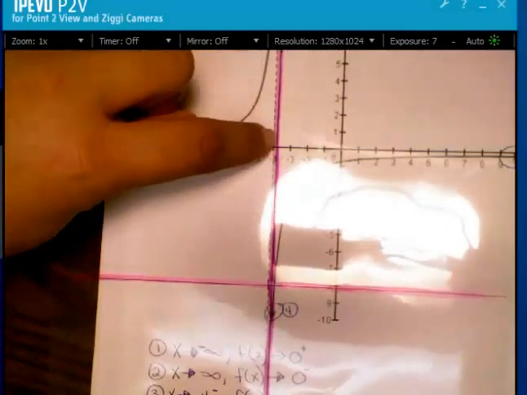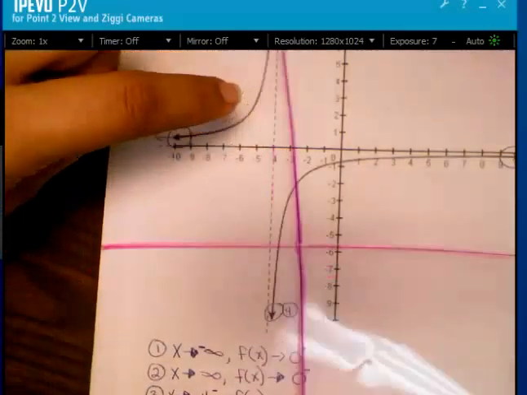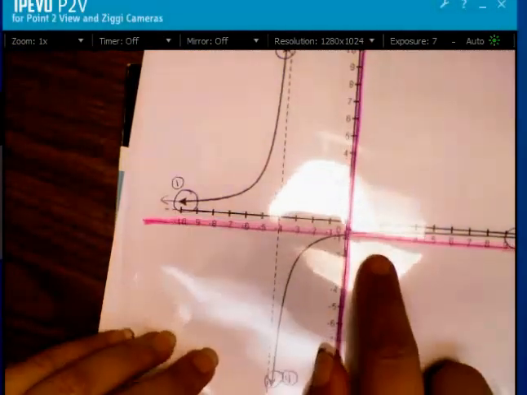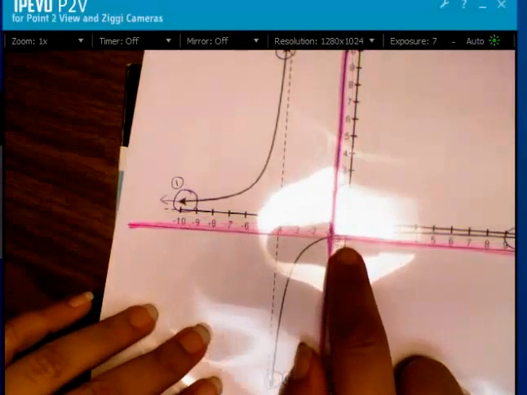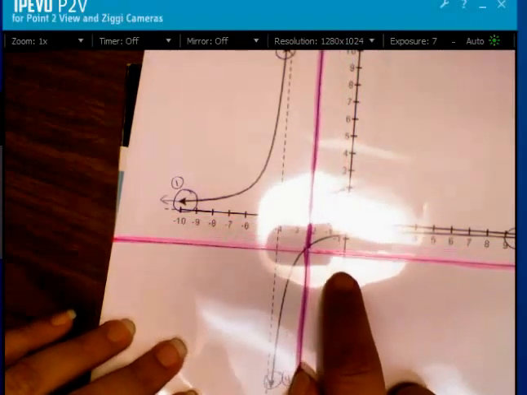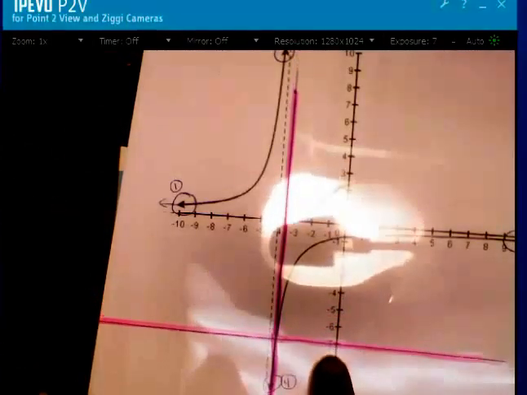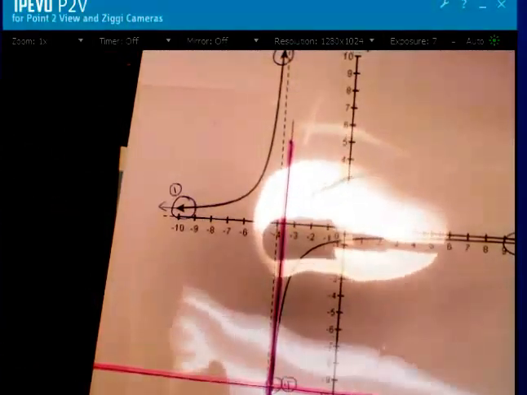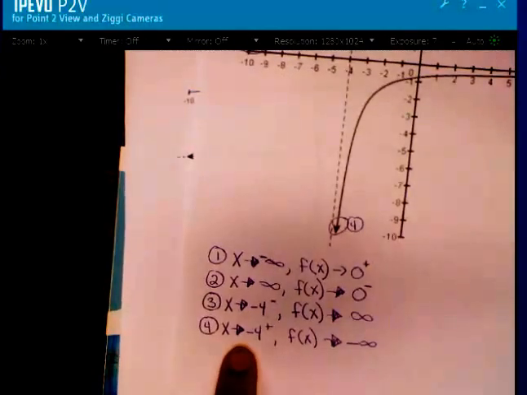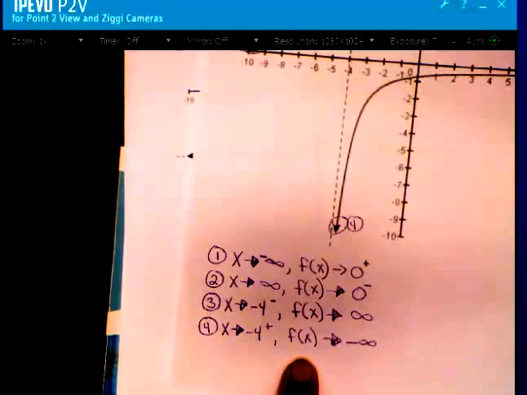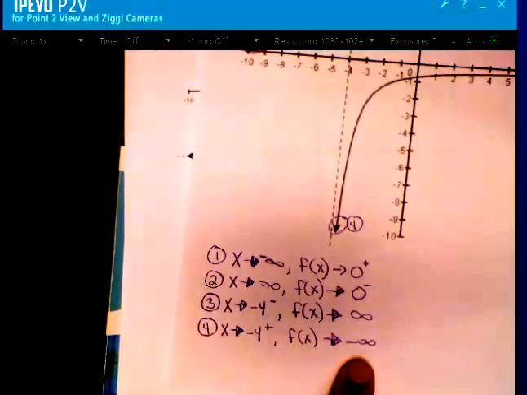It's approaching negative 4 from the right side. As I trace it again, we can look at the pink values, and you can see that the pink values are becoming smaller and smaller as I trace down that function. So that's why we have x goes to negative 4 from the right side, and then f of x goes to negative infinity.